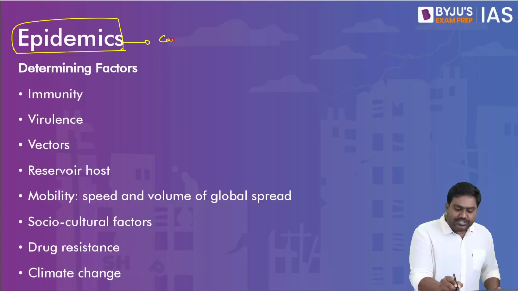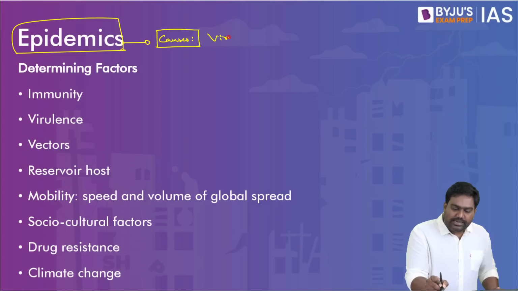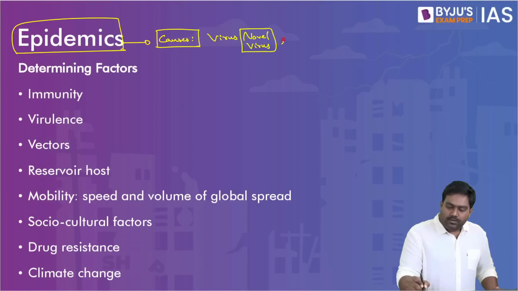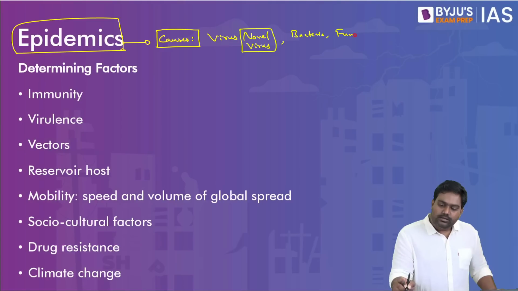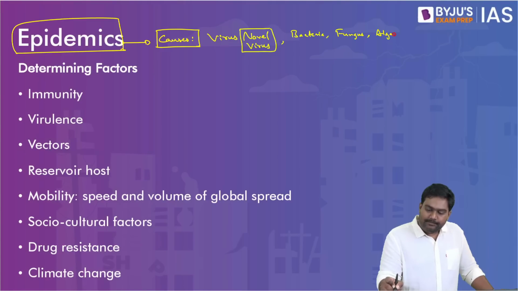The causes can be a deadly virus, especially a novel virus or a highly infectious bacteria, highly infectious and toxic fungus and algae. So, any such infectious pathogen, microorganism, can cause an epidemic or a pandemic.